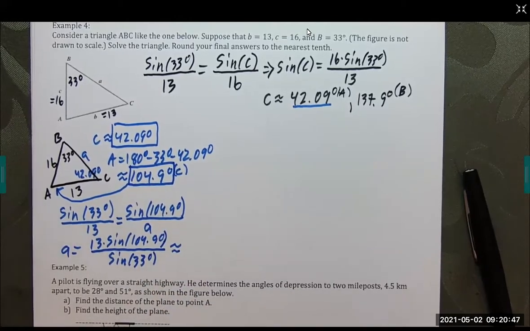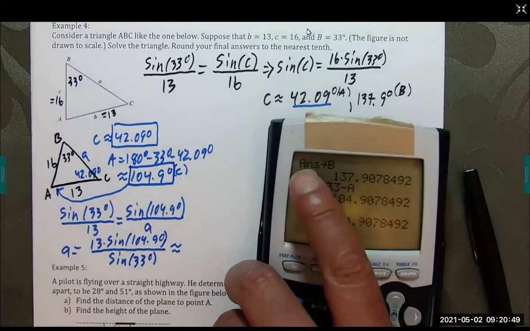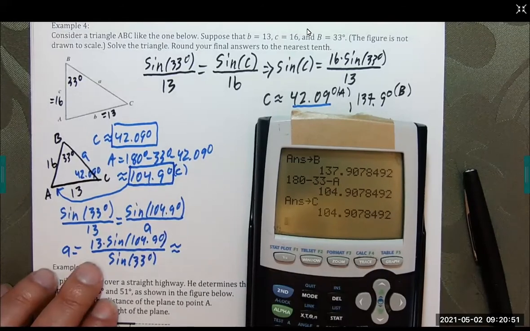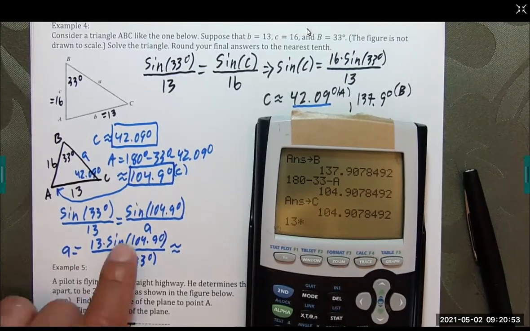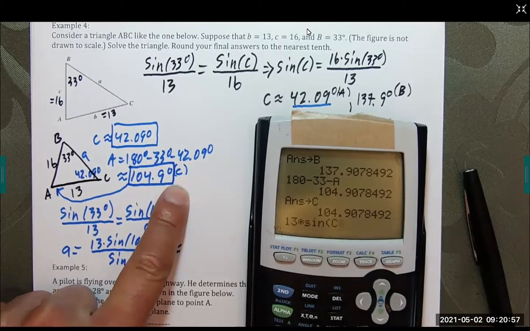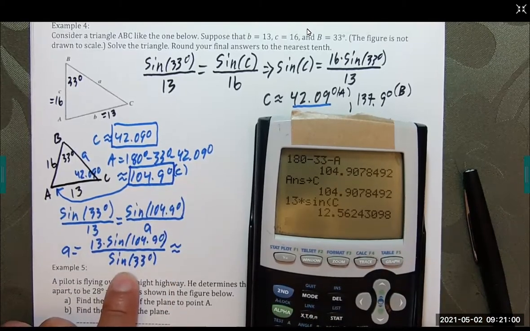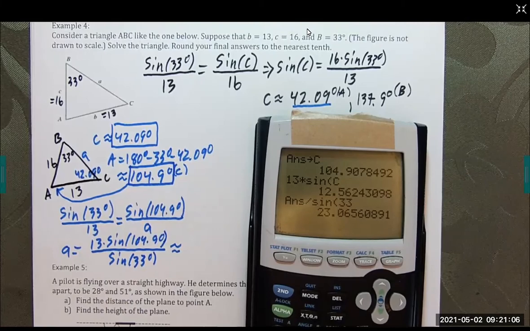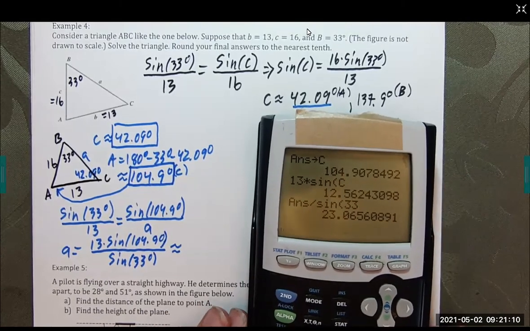Let's see what we get. 13 times sine of C, divided by the sine of 33. Looks like we're getting 23.065. Let's see what we got.